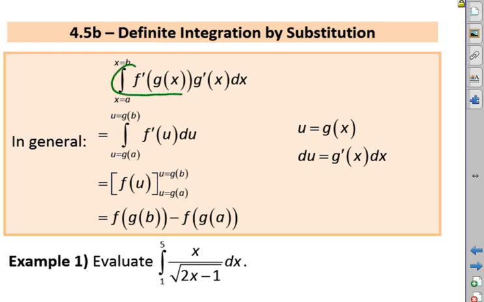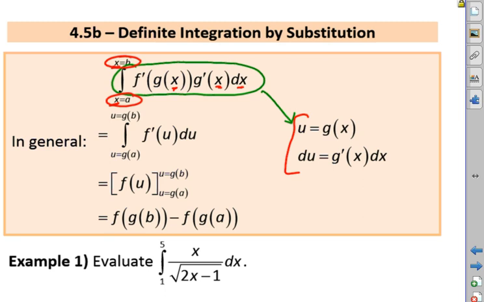We have the integral of f prime of g times g prime, and that's how we use u substitution, where we make u be g of x, du be g prime of x dx. But now what we have new are the limits of integration. So you can see here how it's spelled out for you. Everything is in terms of x, including those limits of integration. But then when I make my u substitution, now I need everything in terms of u.